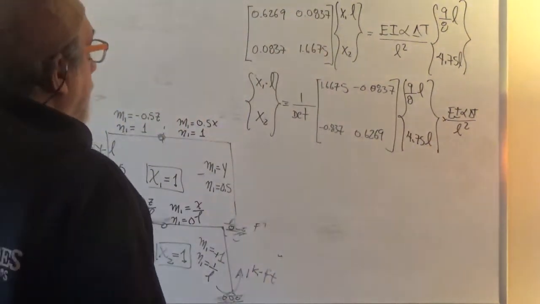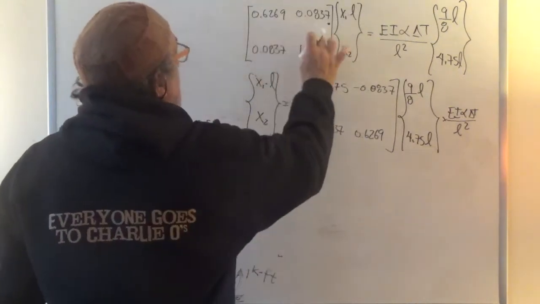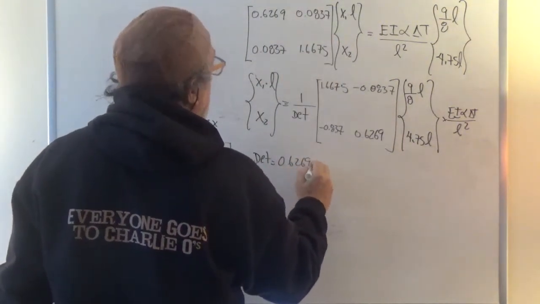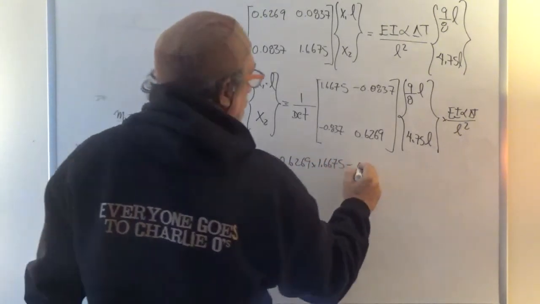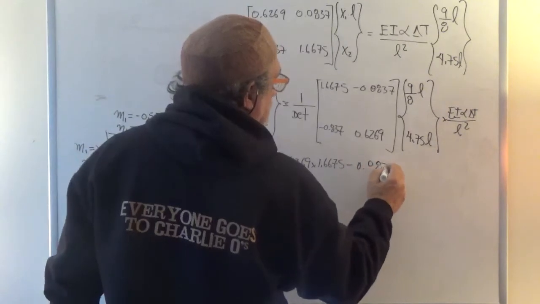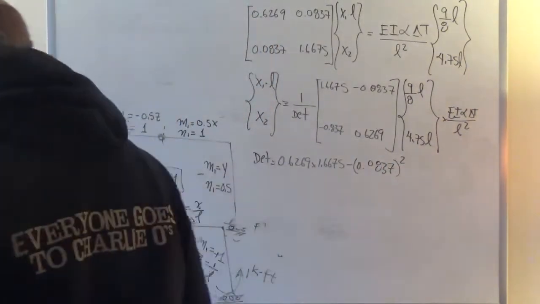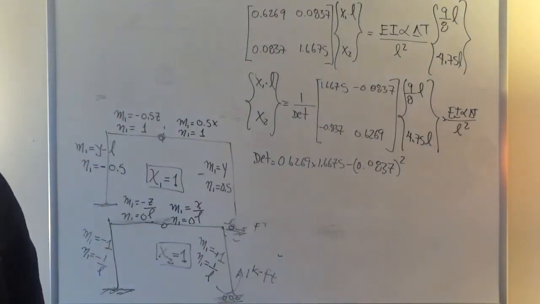Okay? Now the determinant is just this times this minus this times this. So 0.6269 times 1.6675 minus 0.0837 squared. Okay, that's the determinant. Let's see, what did I do then?